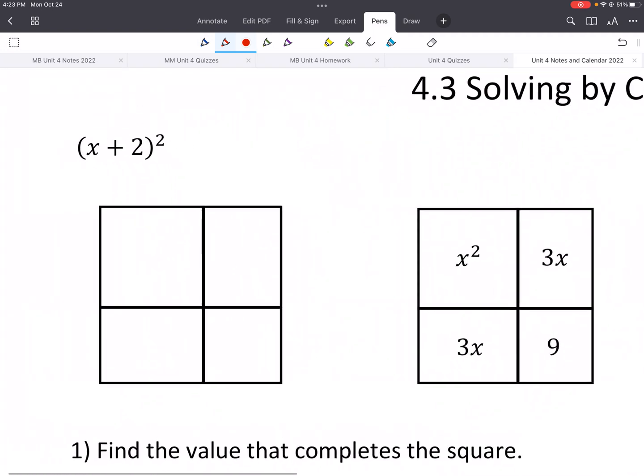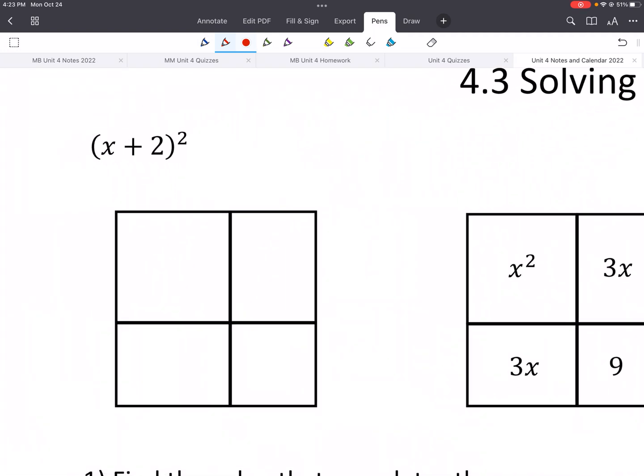Here's an opposite of what we're going to do, using the distributive property. If we were to evaluate this and put it into standard form, we would use the distributive property. Just remember that x plus 2 squared is the same as x plus 2 times itself. This is a perfect square.